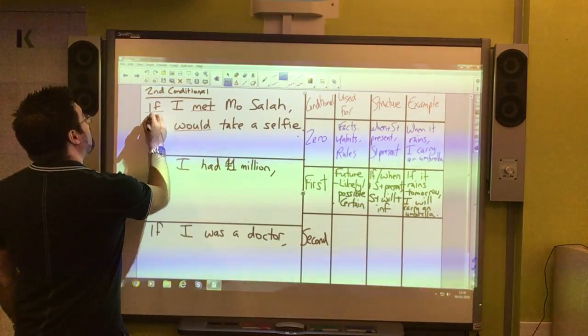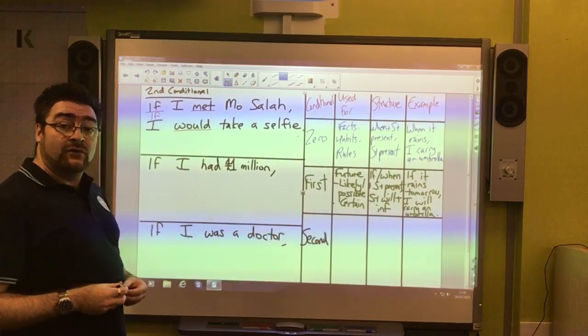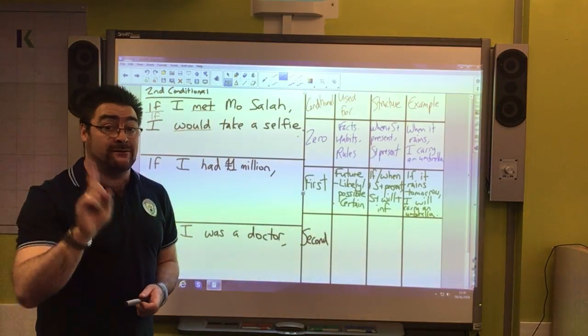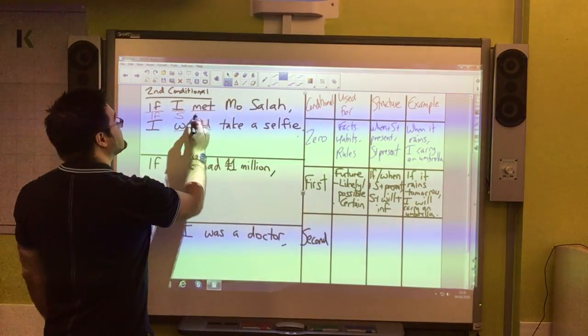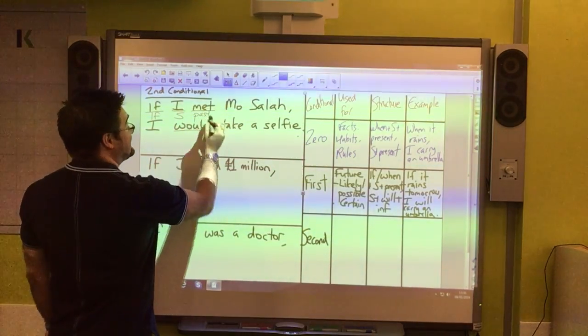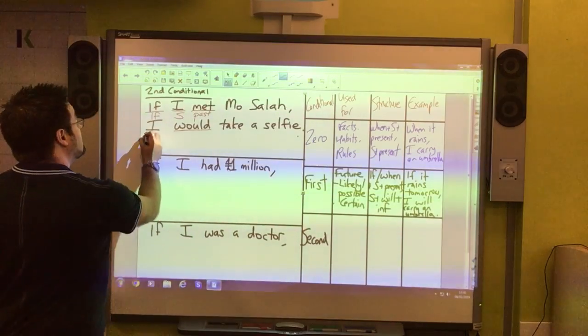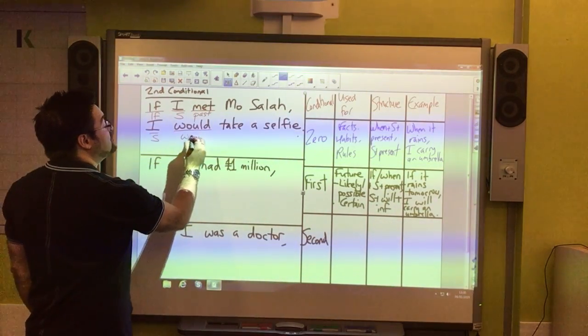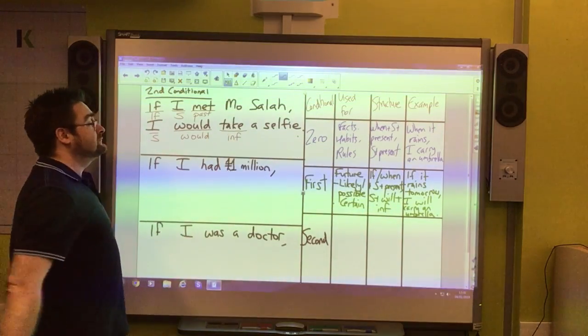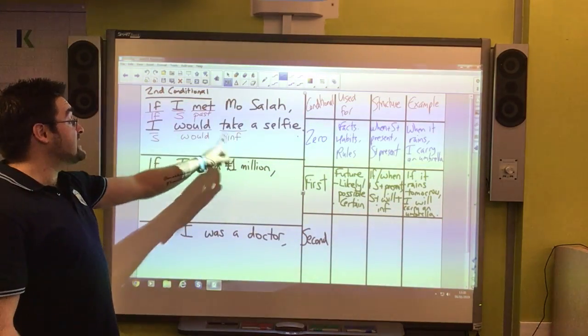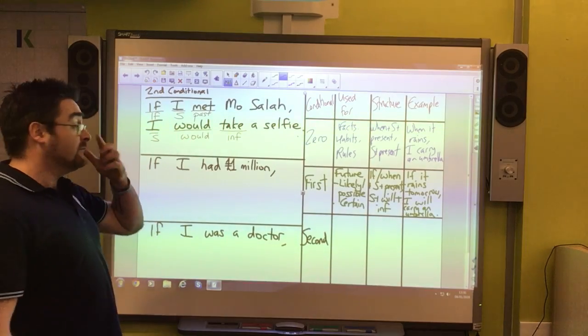So, we always use if with the second conditional. There is no when, only if. If plus subject plus past simple. Subject plus would plus infinitive. Okay, and remember there's no S because of the modal verb here.